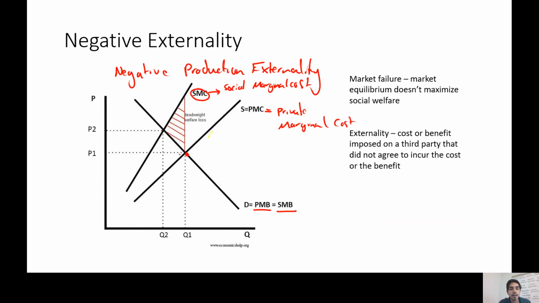And so we can see, and I always tell you, go to the x-axis first and go across to be able to tell a story, right? Because we can tell pretty sophisticated stories. We can see that at this point, at Q1, we're overproducing. Society would rather produce at Q2, but we're producing at Q1, right?